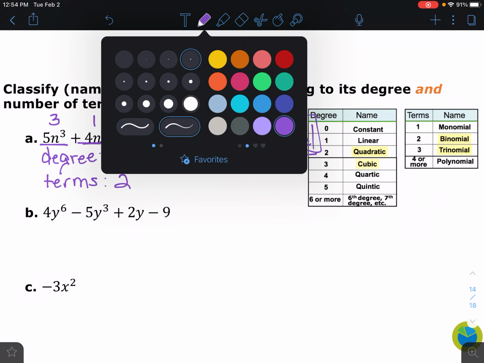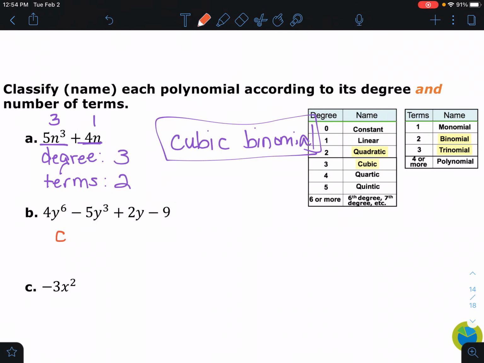Okay, so same thing here. Let's try this next one. What is the degree of this one, and how many terms are there? Okay, so this one, first one would have a degree of 6, 3, 1, 0. Okay, so what's the biggest one? Well, it's 6, so the degree is 6.